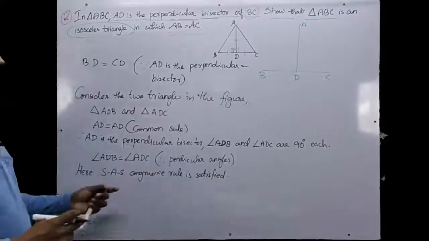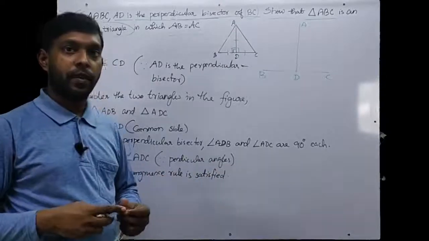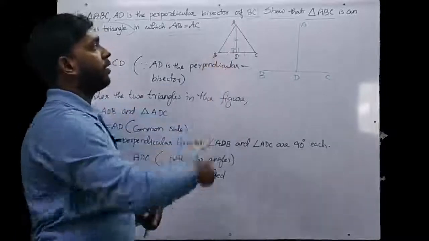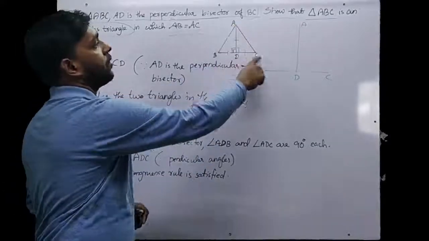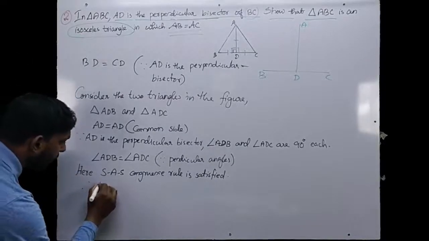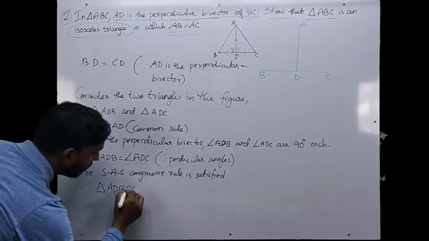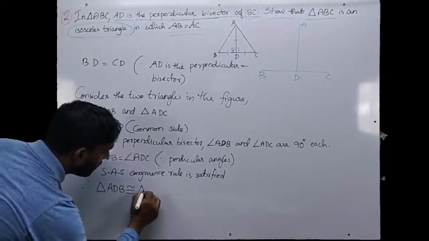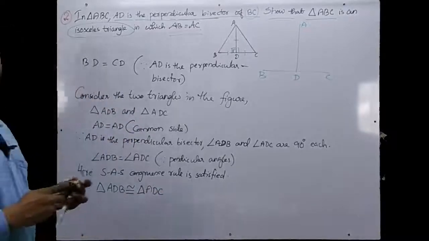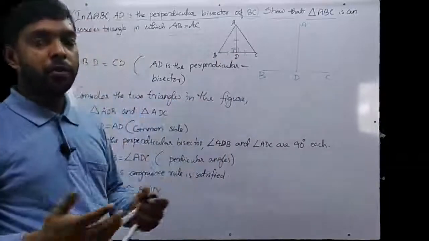If the side congruence rule is satisfied, we can say that triangle ADB and triangle ADC are congruent. Therefore, triangle ADB is congruent to triangle ADC. Now, these two triangles are proven to be congruent.